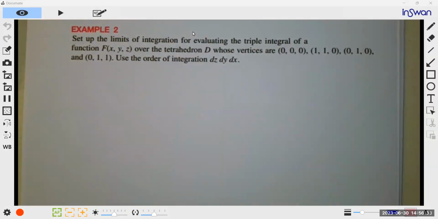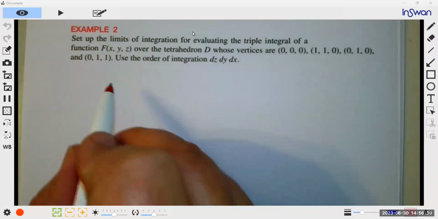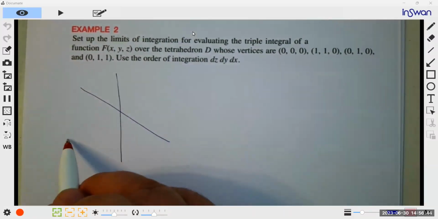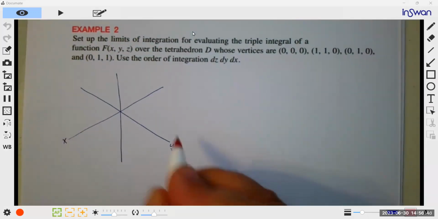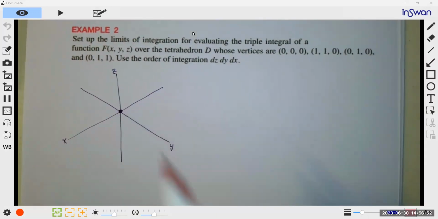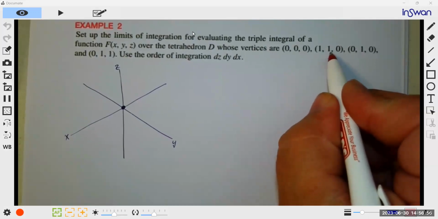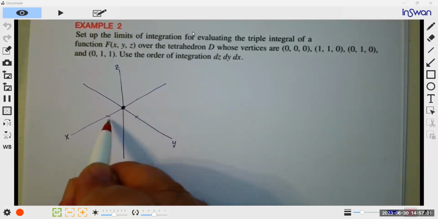Set up the limits of integration for evaluating a triple integral of the function f over the tetrahedron D. Let's first draw a graph. X, Y, Z. So we have a point at 0, 0, 0. We have a point at 1, 1, which is here.